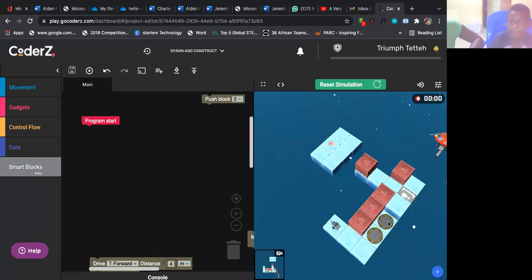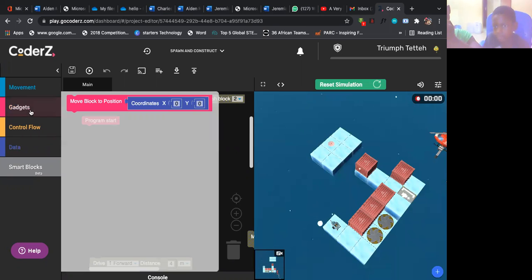Here and here. And then there's a third block here. Spawning positions means that you don't know when they will come out, but they will eventually come out at some point. So you should write your code in such a way that it caters for any spawning that happens, right?